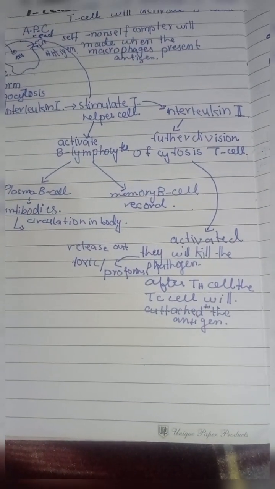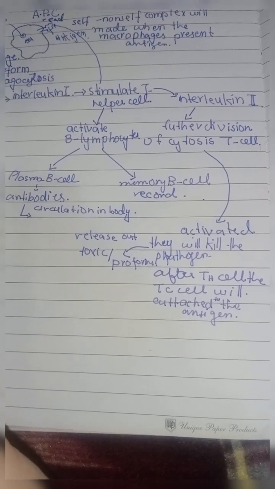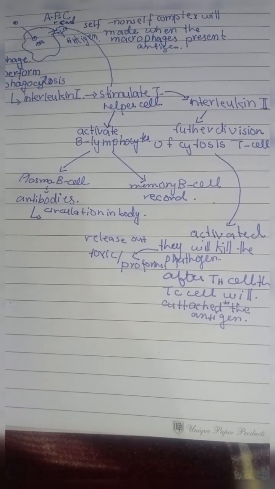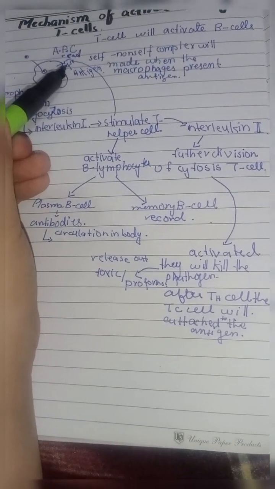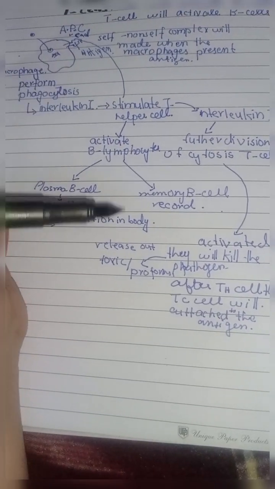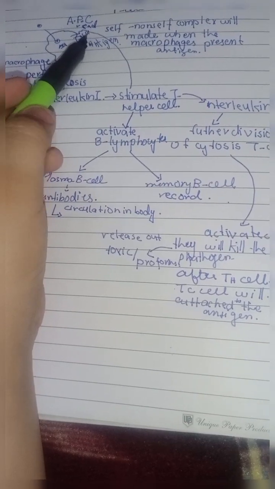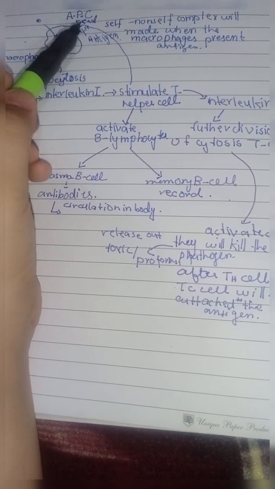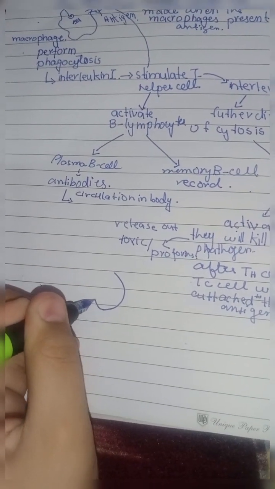Okay, so it will release perforin, which makes holes in the plasma membrane of the antigen. Here was the antigen, and the antigen has a plasma membrane. The cytotoxic T cell will go there and make holes in the plasma membrane. Here you can see this is the plasma membrane of an antigen.